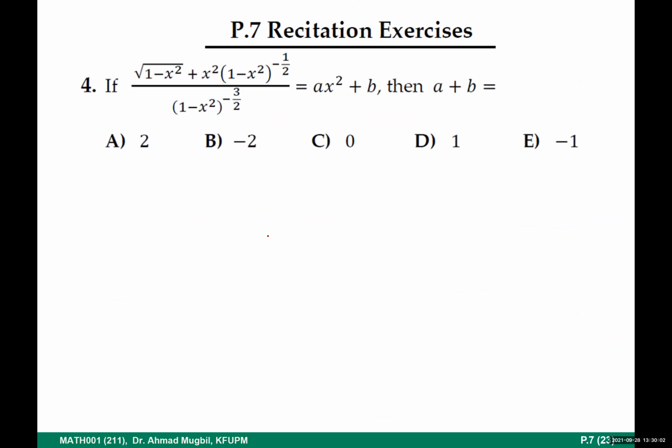Now, I think you will be able to solve it. This is the same question, but written in the form of exam questions. So this is about simplifying this, and it will be something like that. Then what is a, what is b, what is a plus b? Now I need an answer from you. Is it a, b, c, d, or e?